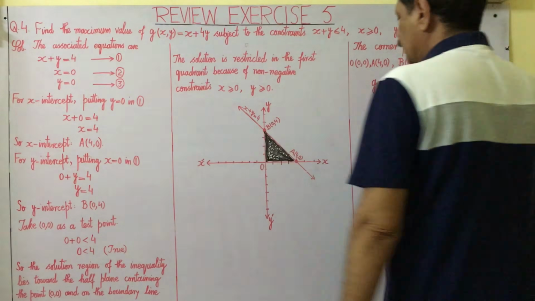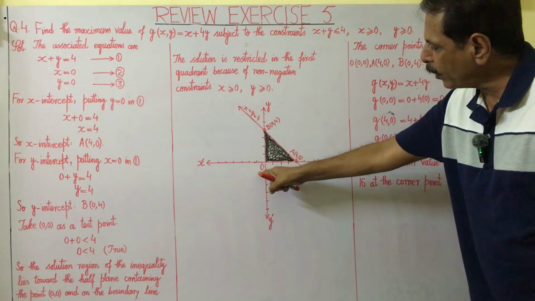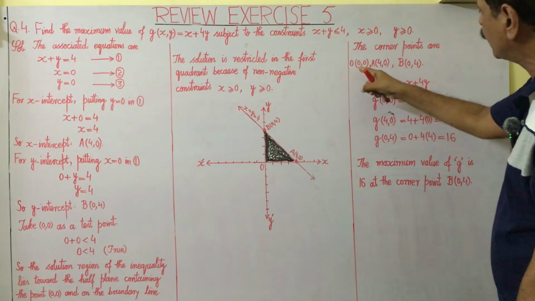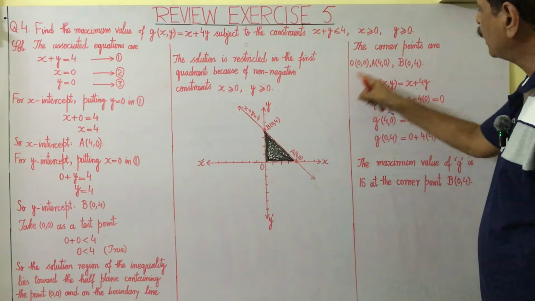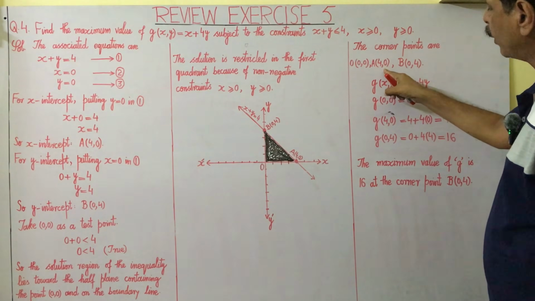The corner points are: the first corner point is the origin with coordinates (0, 0). The second corner point is A with coordinates (4, 0).